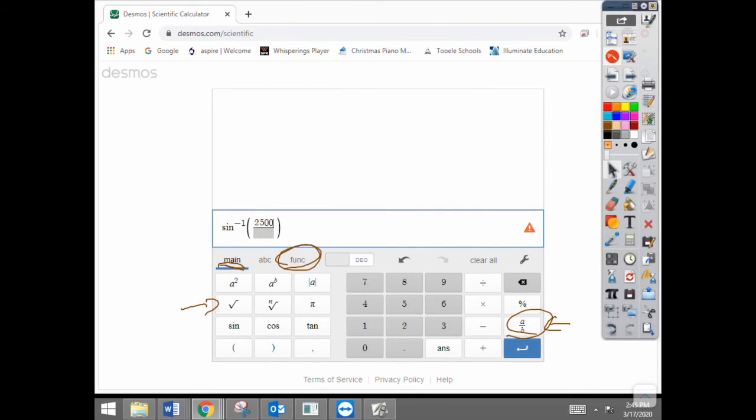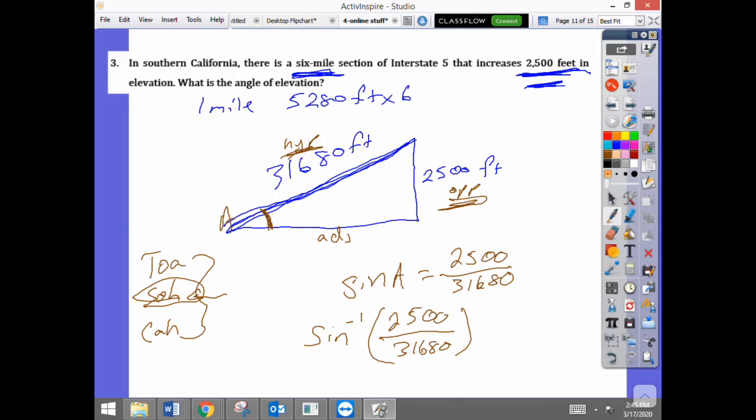I'm going to hit down in the denominator to get the cursor down there. 31,680. And our answer should show up: 4.5. So we can say angle A is 4.5 degrees. Kind of a not very quick degree right there.